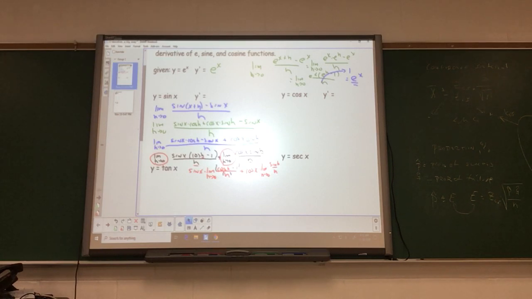As h gets closer to 0, what happens to cosine of h minus 1 over h? Type in 0.1, 0.01, 0.0001, find your values. It would still take us into angle addition stuff, so no way of making life a little bit easier on ourselves.